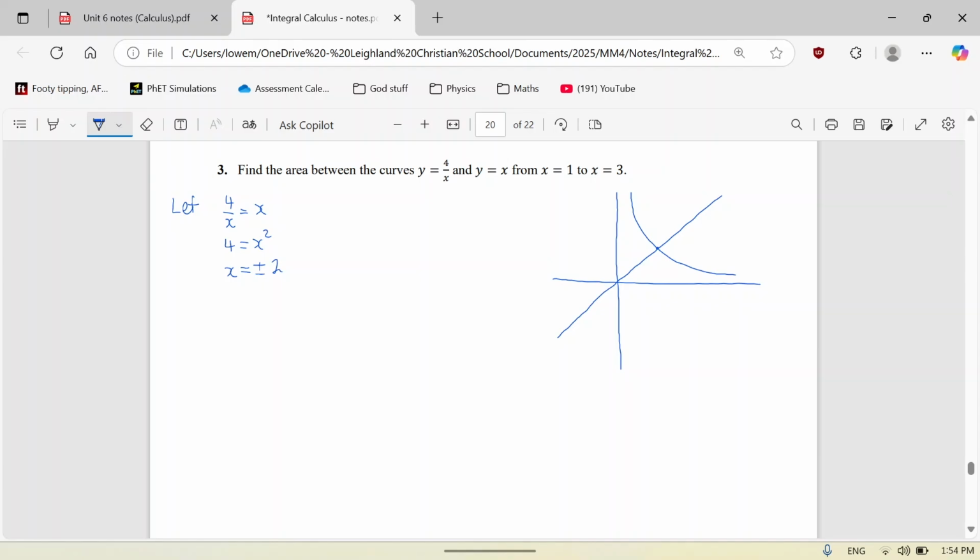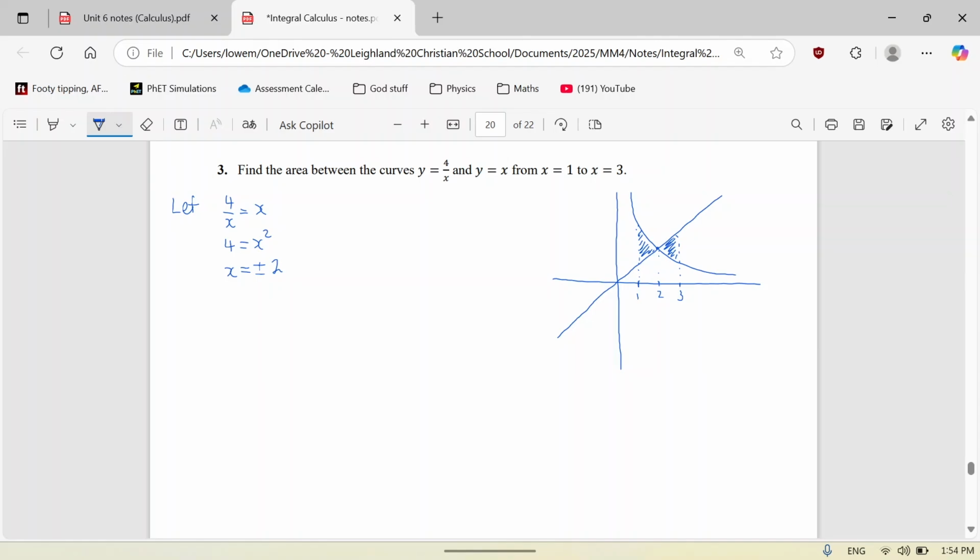So the negative 2 would be where they intersect down the bottom here, and this here is our x value at 2. Now we're wanting to go from 1 to 3, so we can do this point here, so that's 1, and then 3 would be roughly here. So this is our area that we are looking at.